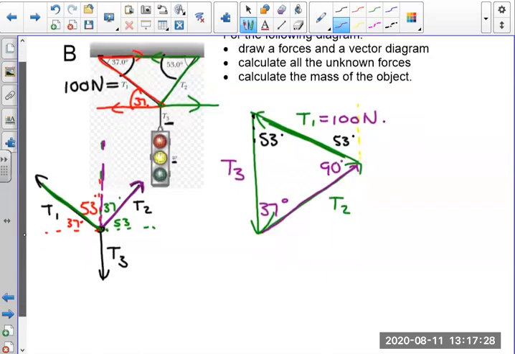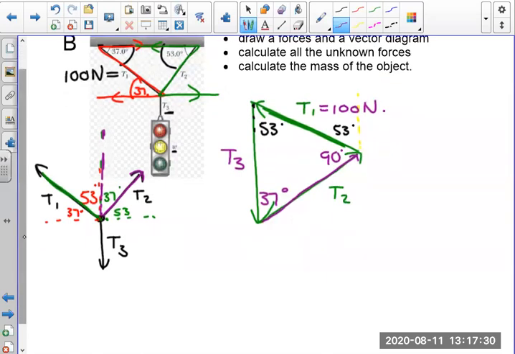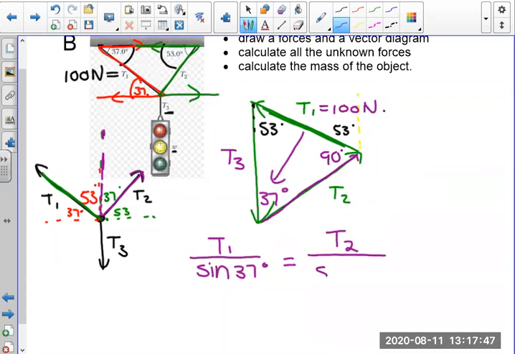Now let's start with T1. Because I have T1, I say T1 over sine of the angle opposite T1, which is 37 degrees, equals T2 over sine of the angle opposite T2, which is 53 degrees. Can you see that?